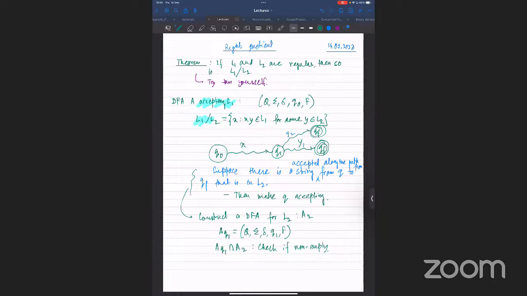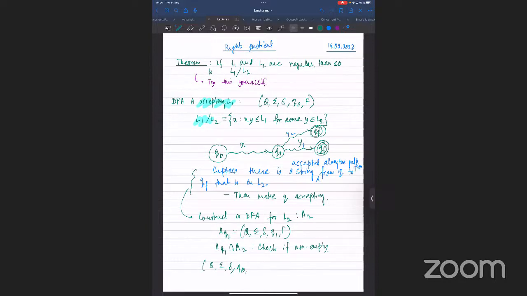If it is non-empty, then what would you do? Make Q accepting. So then you are going to construct the automaton for the right quotient of L1 with respect to L2. And that is again nothing but Q, sigma, delta, Q1, delta, Q0, right?